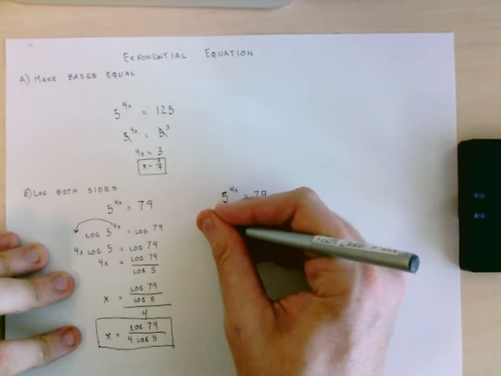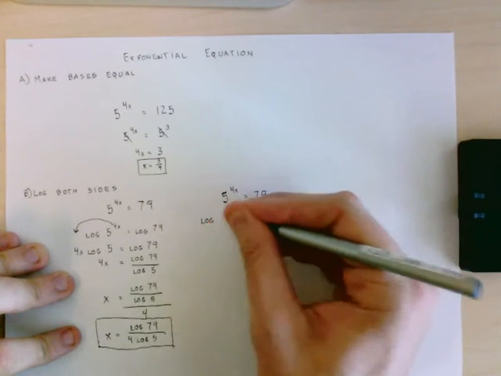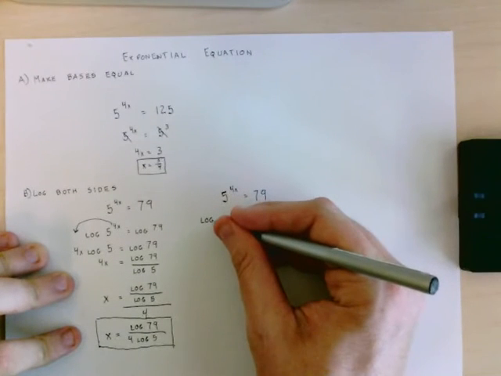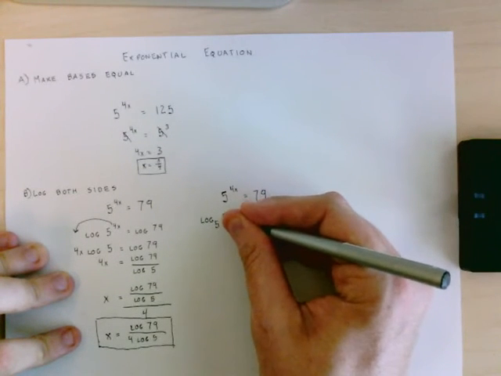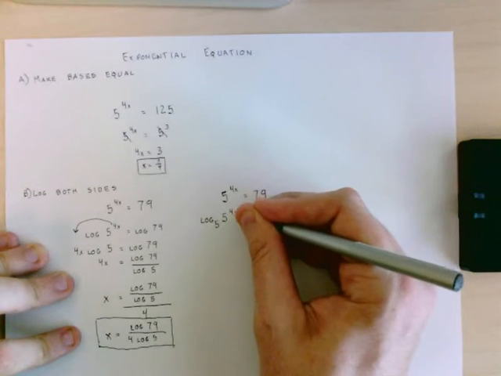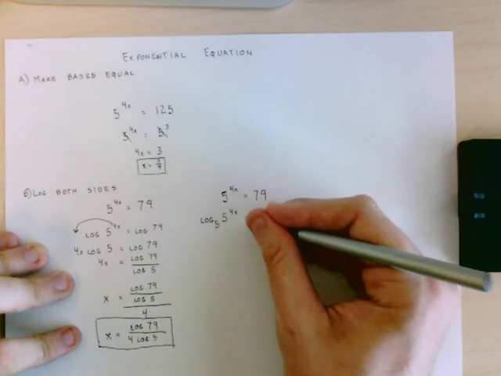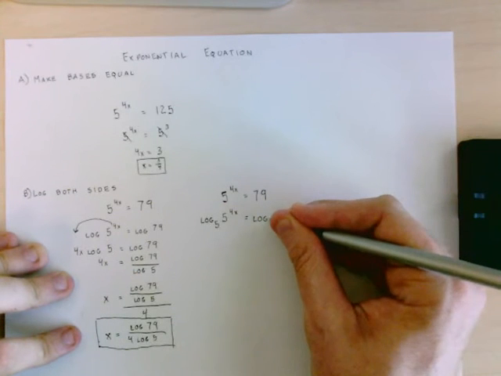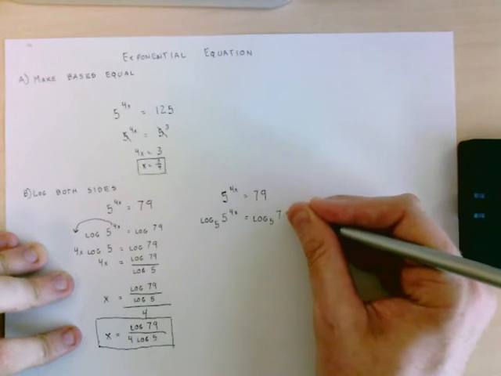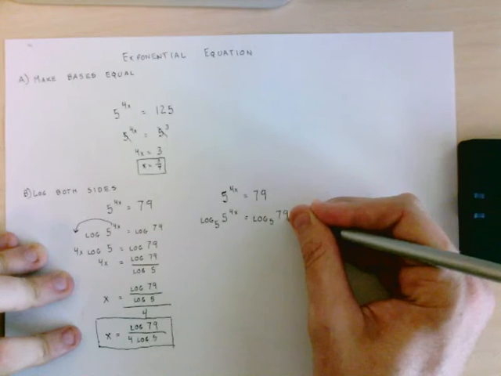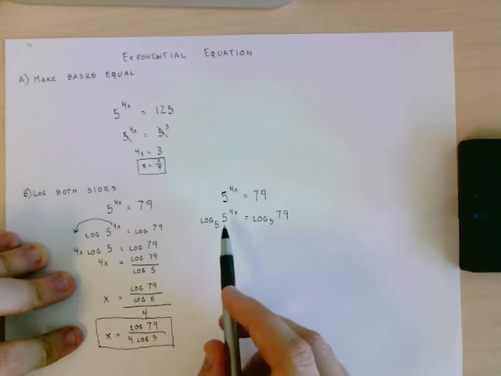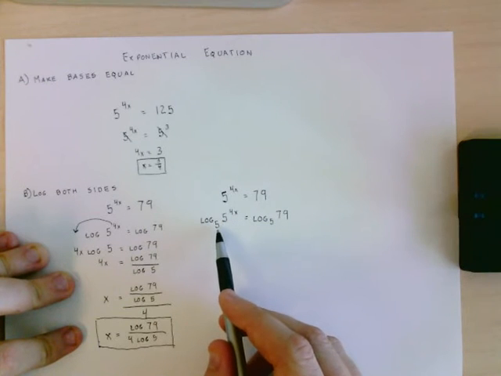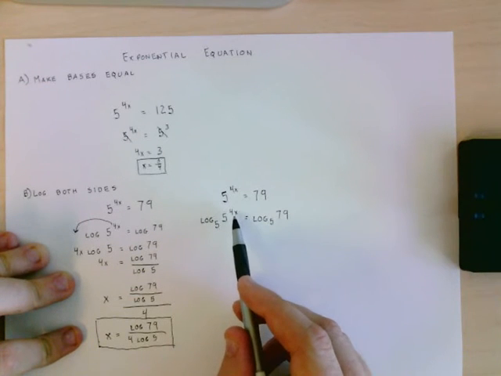Let's use 5. If I make the base of the exponent the base of the logarithm, and make sure I do it to both sides, so basically this is asking what power do I put on 5 to get 5 to the 4x power.